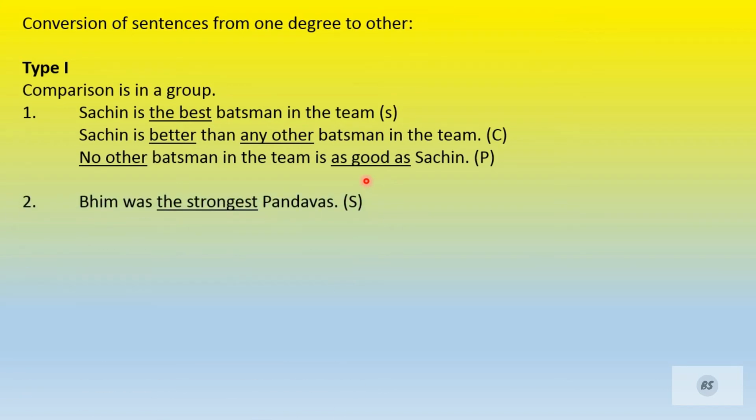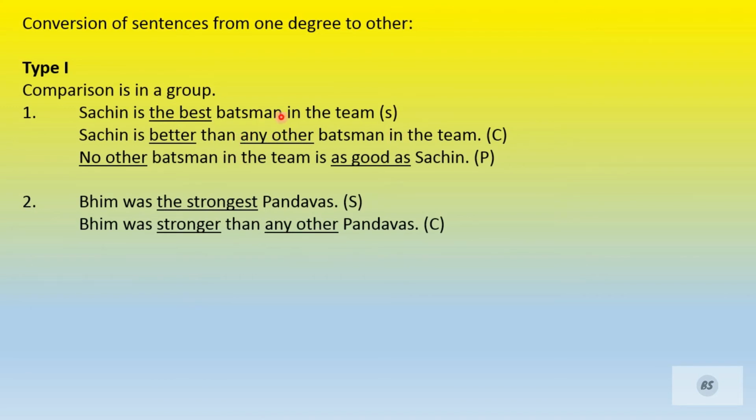Let's take one more example. Bhim was the strongest of the Pandavas. Okay, the first thing you will do is hunt for an adjective. Which adjective is here? The strongest. That is, this is superlative degree. Okay, so now what we have to do is convert into comparative and positive. So what changes will you make in the adjective? Stronger, strong. See this. Bhim was stronger than any other Pandava.